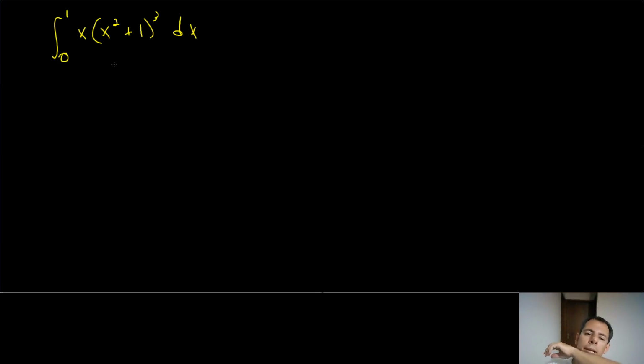You could do this straight, but I'm going to do it with u substitution because I want to show something to you guys: when you substitute, you also have to replace the limits, okay? So let's just say that u equals x squared plus 1. du equals 2x dx.